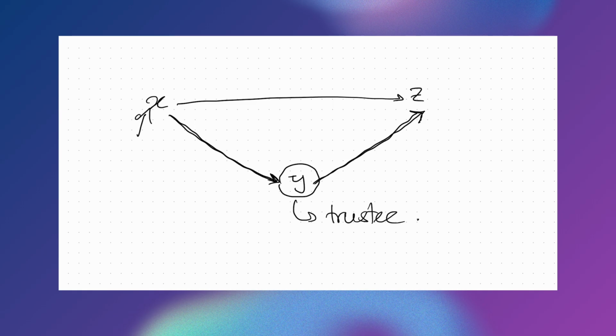We call X the settlor and Z the beneficiary.